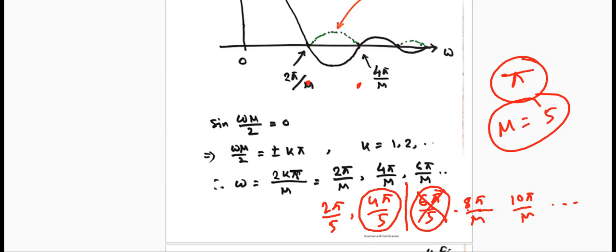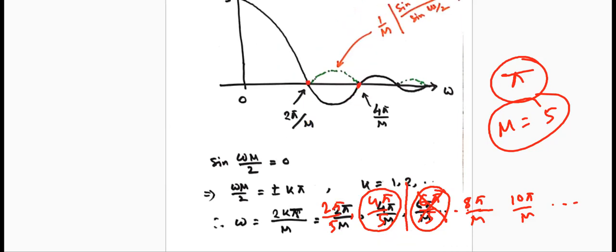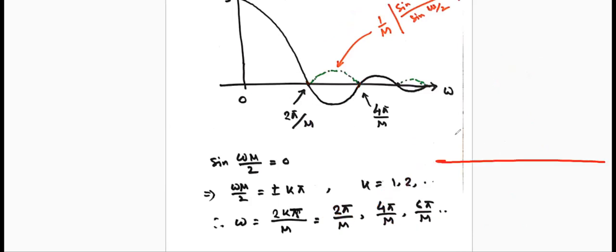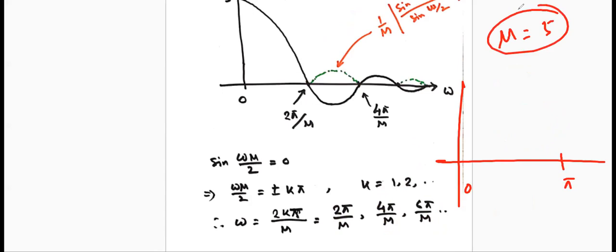So always the magnitude response should be starting from omega equal to 0 up to pi, where for m equal to 5, for the 5-point moving average, we are getting the first 0 at twice pi divided by 5, the second 0 at 4 pi divided by 5, and the third 0 maybe at 6 pi divided by 5.